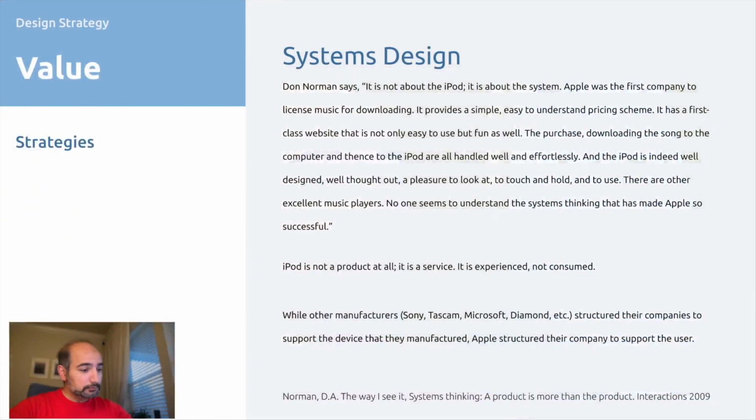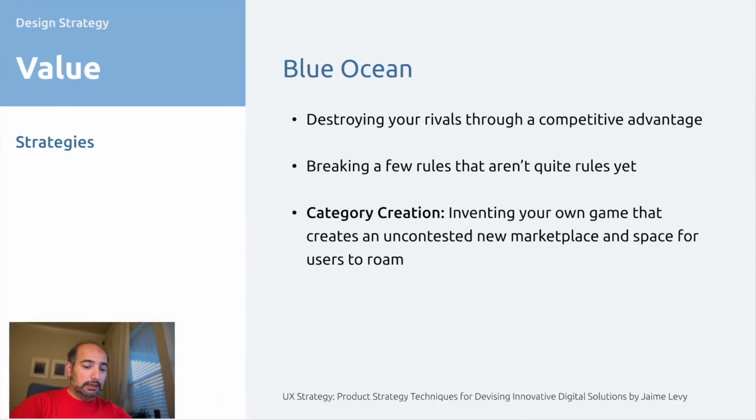Okay, so let's talk a little bit about blue ocean, destroying your rivals through a competitive advantage. You are not just offering one new feature or improving a feature, you are changing everything by offering a competitive advantage, a unique advantage that you have over others.